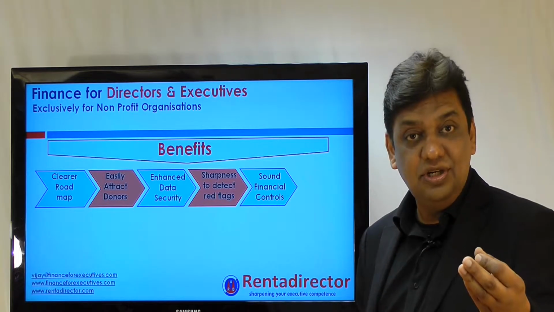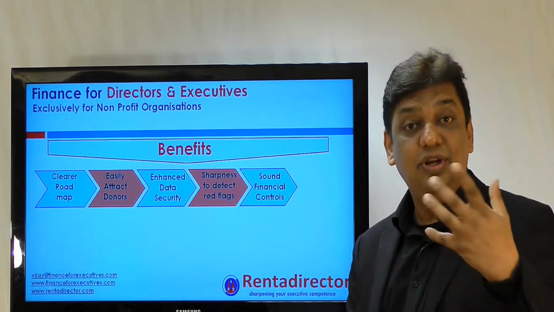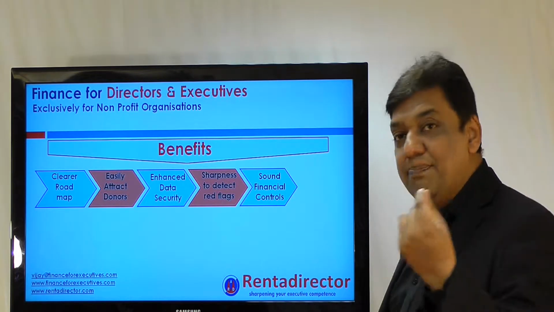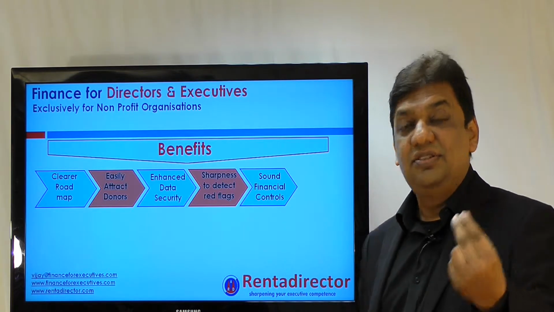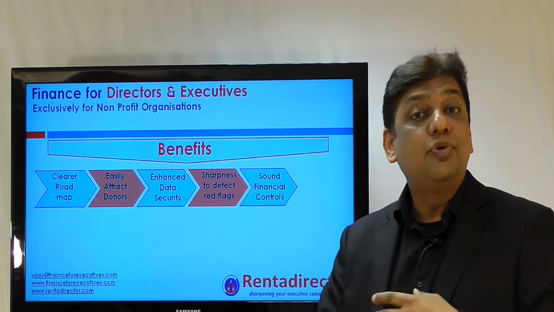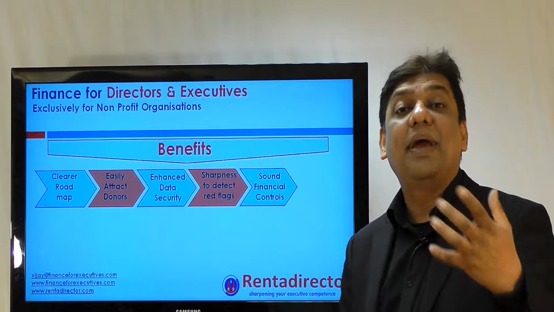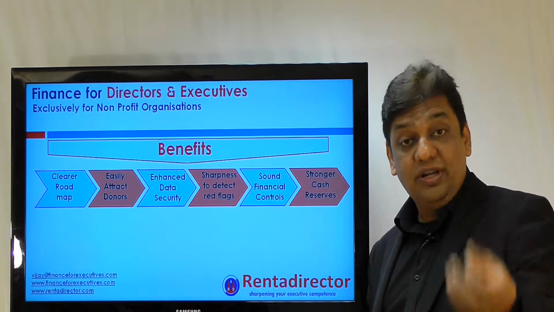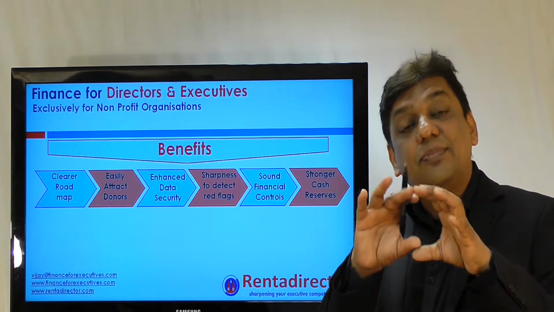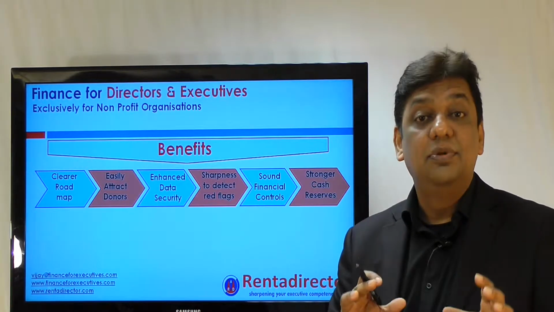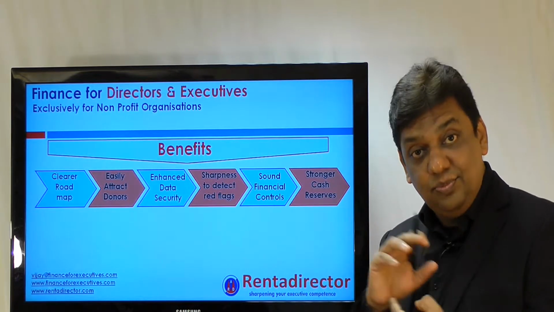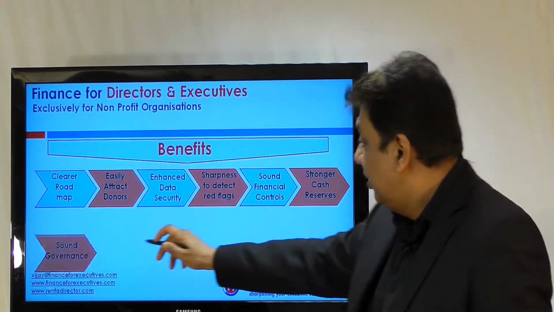You'll have better financial controls which you can apply for your non-profit organization, so that even if you can pick up 1 or 2 points just from this particular program, it could make a transformational impact to the growth of your non-profit organization. Stronger cash reserves. At the end of the day, it's about the fluidity and the momentum with which your non-profit operates, so the cycle is speedier.